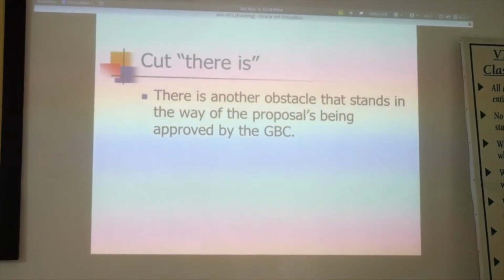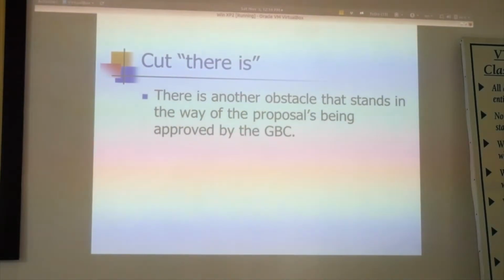It's "the proposal's being approved," not "the proposal being approved." That's a whole separate discussion. But okay, the proposal's being approved by the GBC has obstacles.